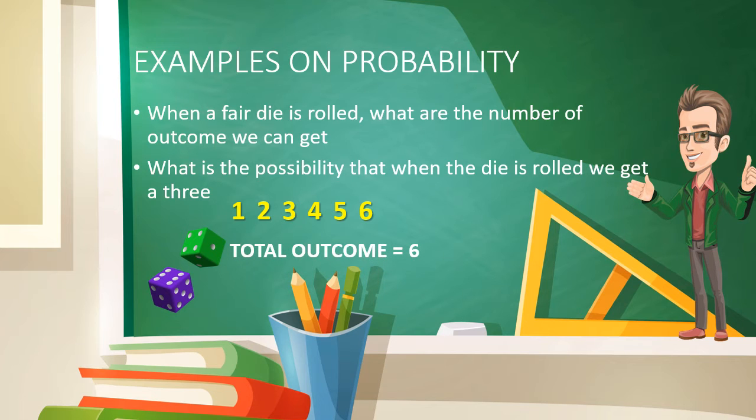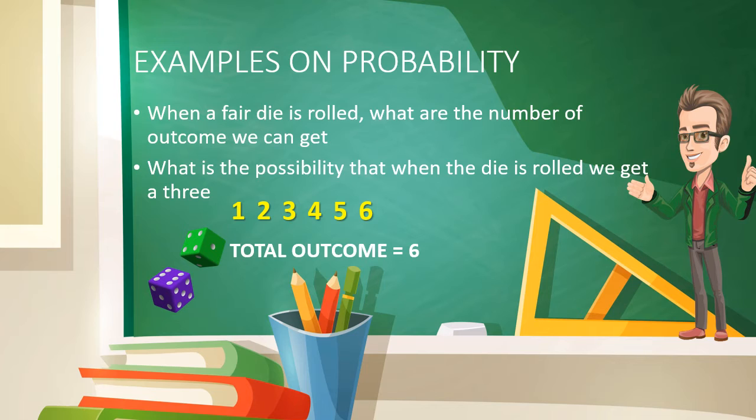And to the next question, the probability of rolling a 3 will be the amount of 3s on the die divided by the total number of sides on the die.